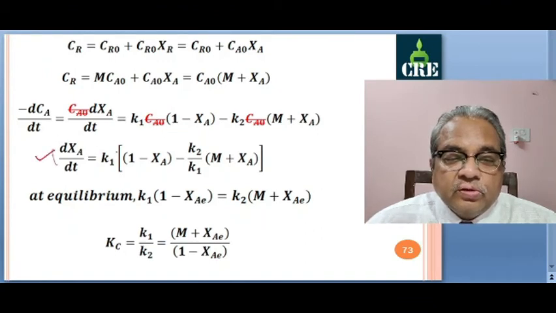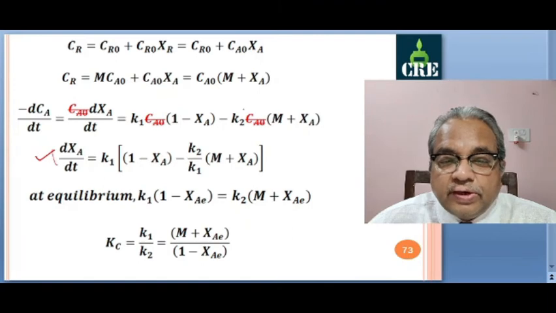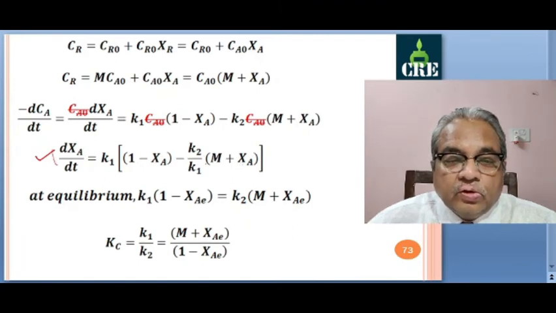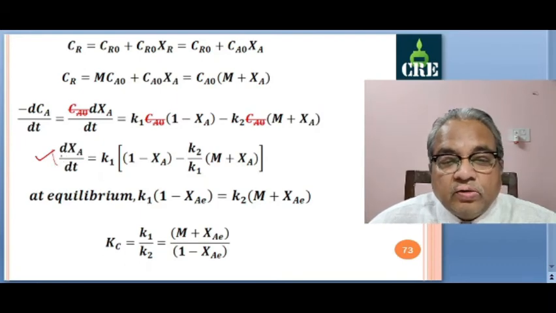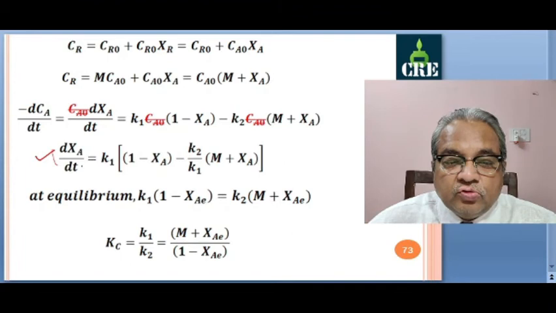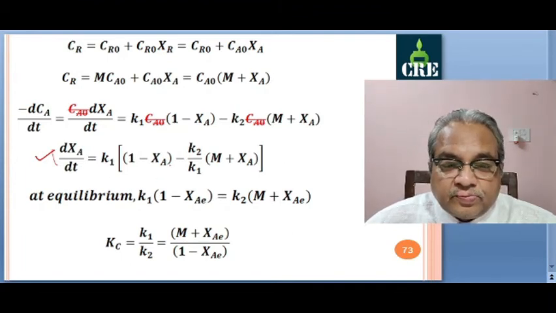Taking K1 outside, dXA by dt equals K1 into (1 minus XA) minus K2 by K1 into (M plus XA). At equilibrium, there is no net formation, so this is equal to 0, and XA is XAE.